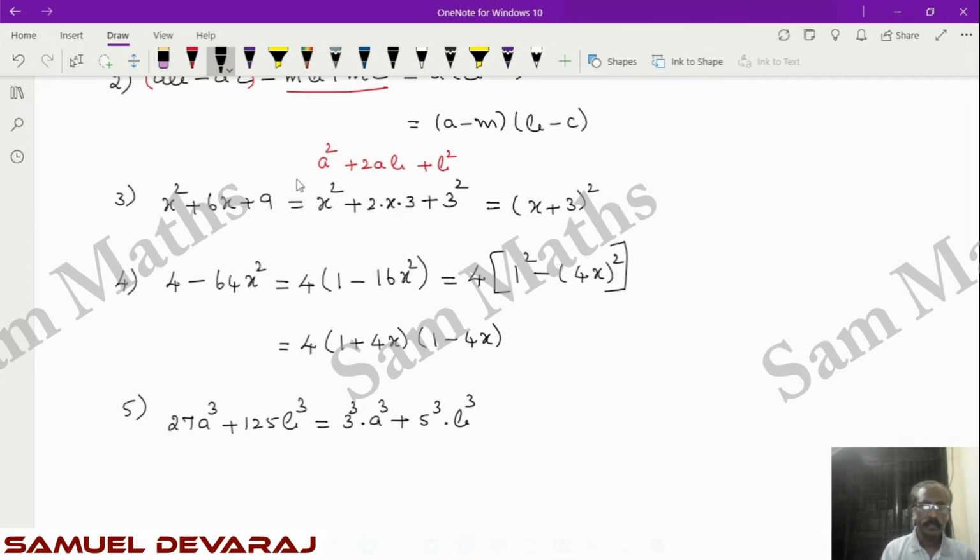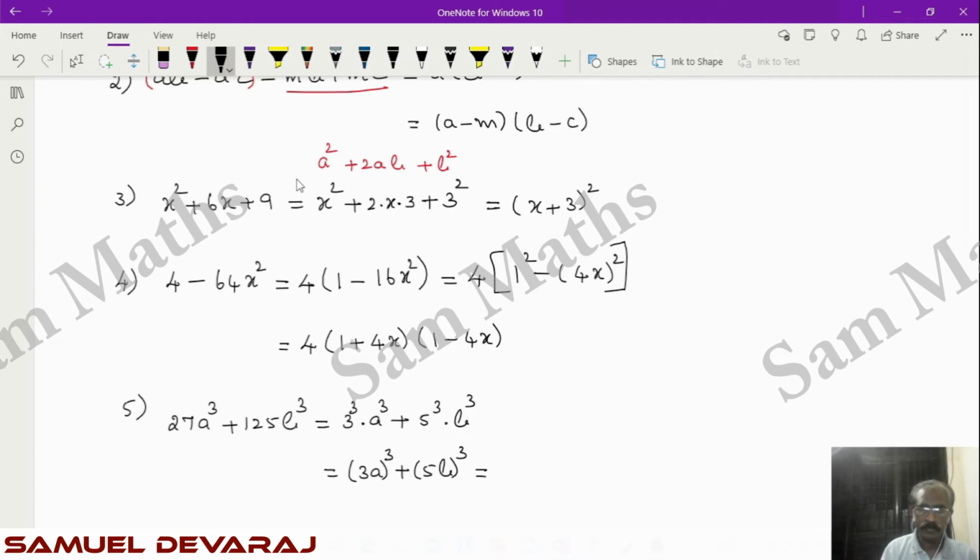Clear, children? 3 cube is 27 and 5 cube is 125. Now we can write this as 3a the whole cube plus 5b the whole cube. Clear, children? Therefore, we can use the a cube plus b cube formula.